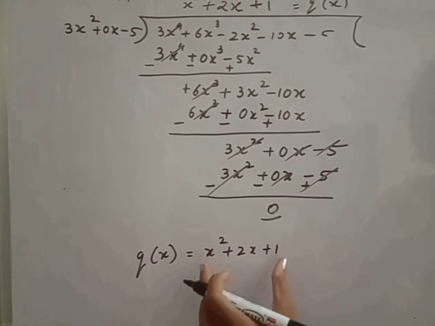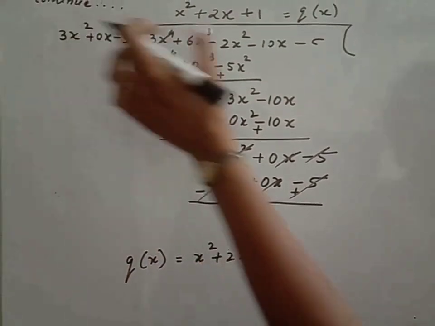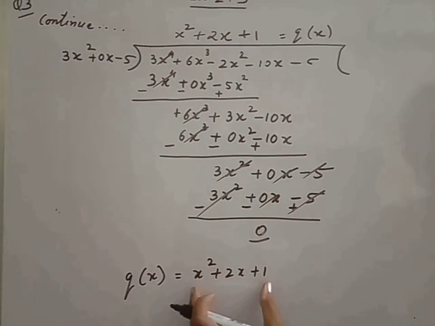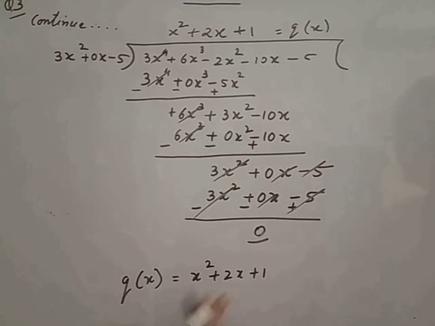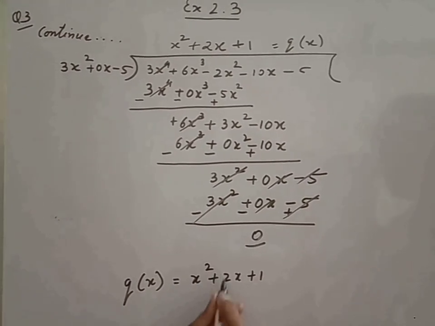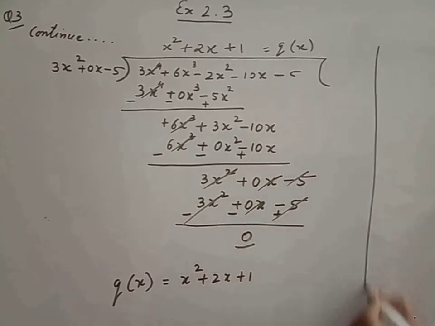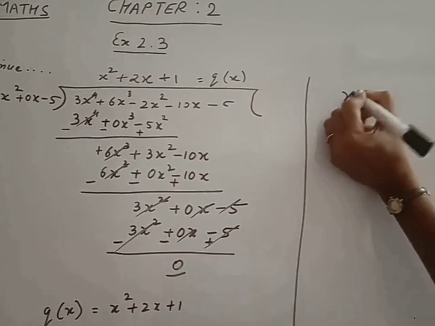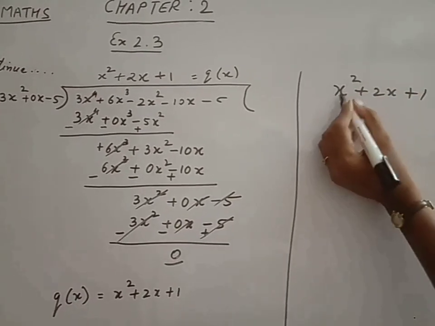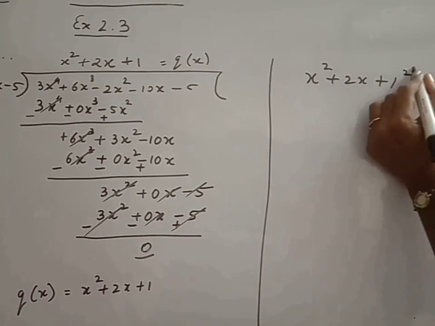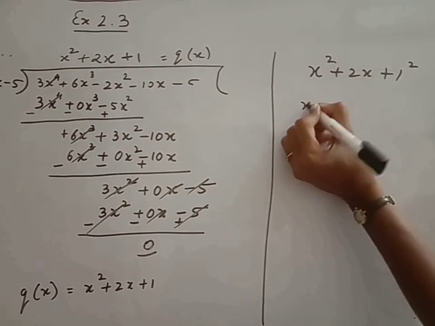So this is also a factor of p(x). Now I have to find the two other zeros. So the remaining two zeros are present in this. So let's find the zeros. I will do the factorization of this. This is actually a square plus 2ab plus b square. It can be written like this.